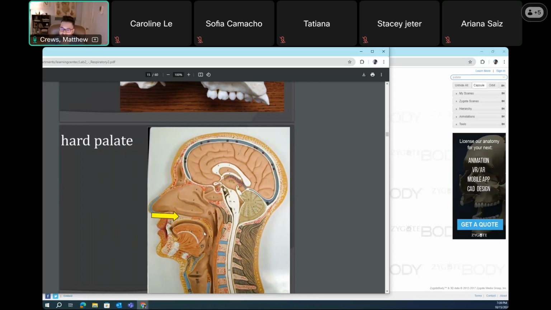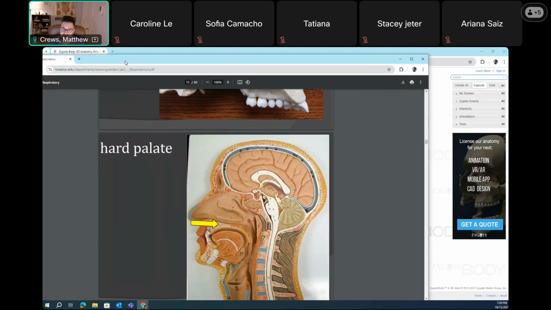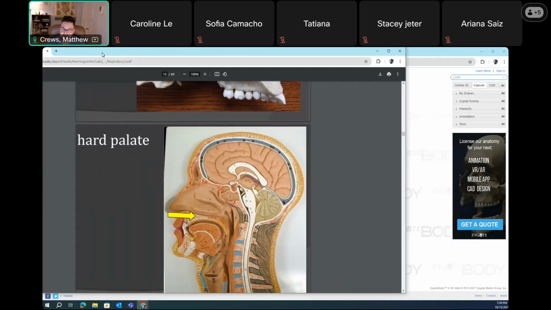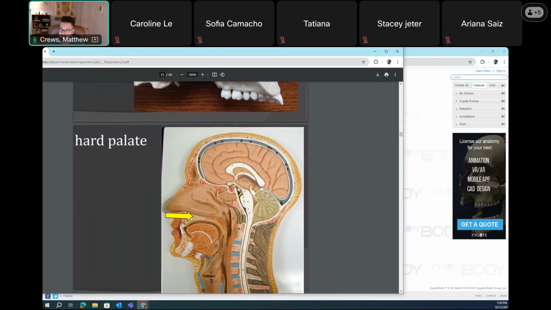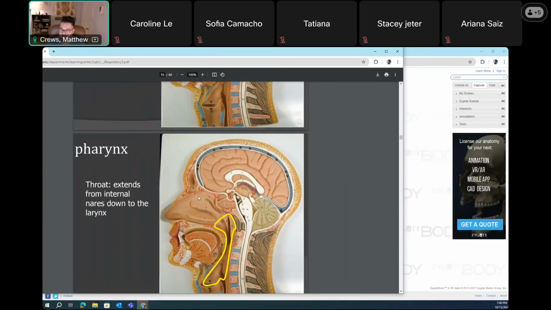So you have your soft palate and your hard palate. We'll start with the hard palate. That's where this bony structure is, and then that transitions into the soft palate. So this does not move. This is hard. This is soft, and it does move and shift.